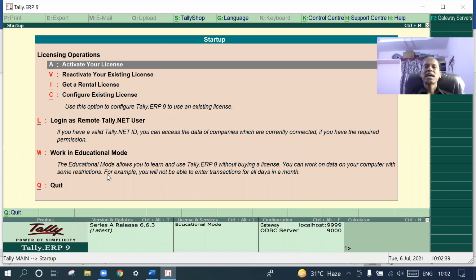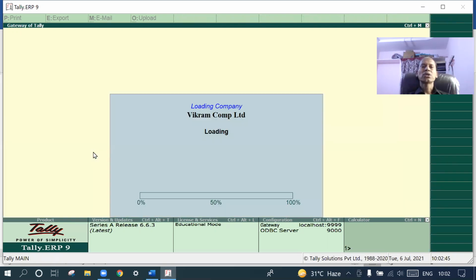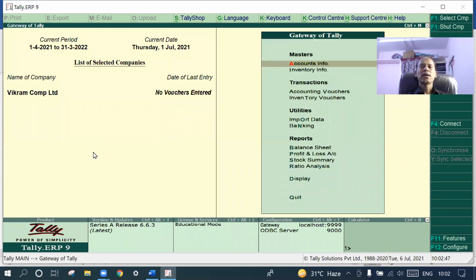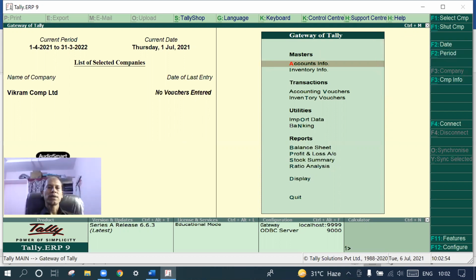In this tally, this is the first screen. After clicking on the tally software, we have to work in educational mode. Now we are going to create the company.